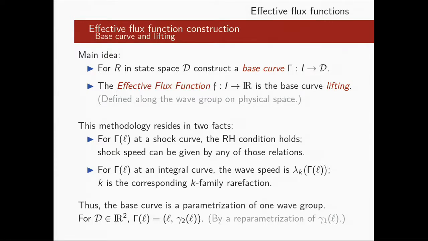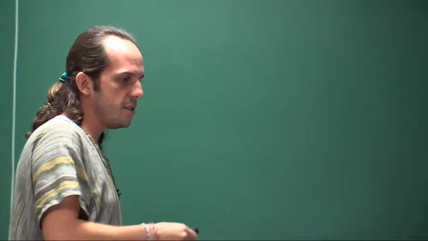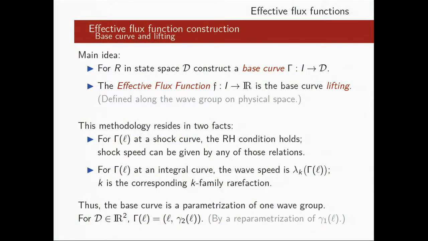So I want to make in phase space a base curve that is going to control where the saturations or phase states related to the wave that I'm looking at are. After I have this base curve, I'm going to make a lifting of that curve, and I'm going to get what I call the effective flux function. And this lifting is the most important part for me.